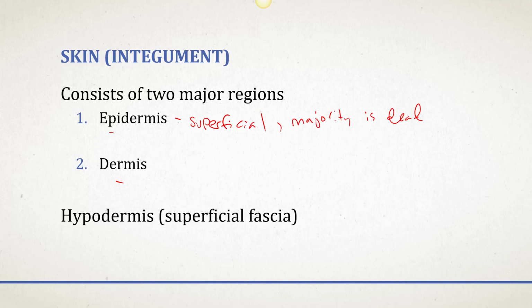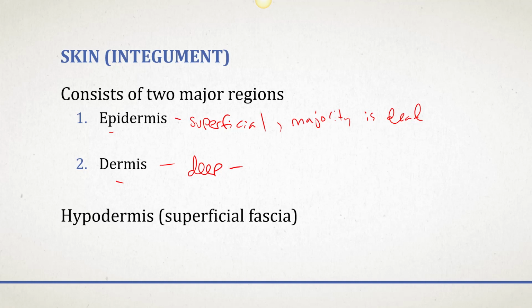Dermis. The dermis is the deep layer, and this is going to contain a majority of the accessory organs of the skin. All of those glands, the hair follicles, arise from the dermis. Major blood vessels can go through this area, and there's a lot of nerve supply, and so forth.